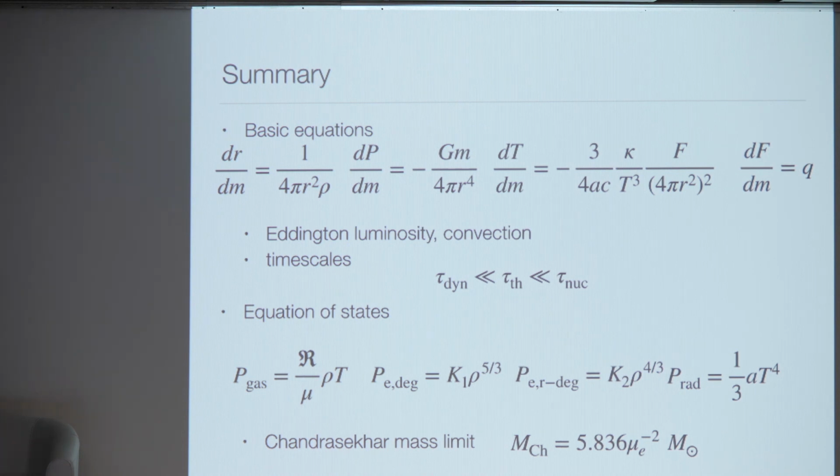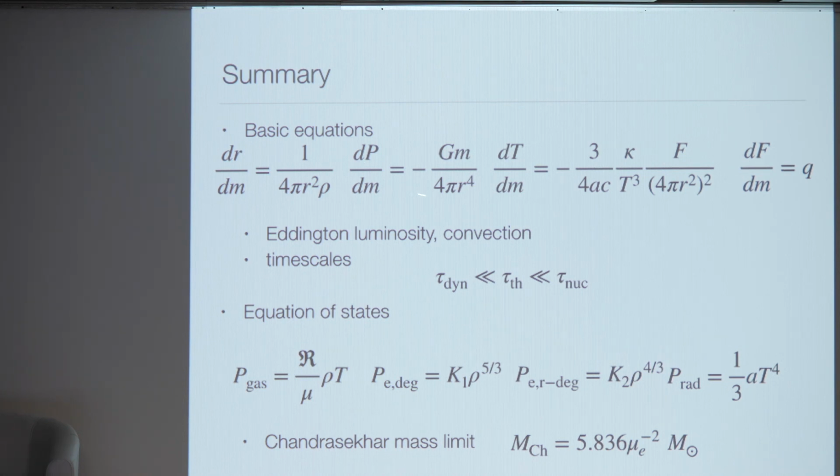and that basically determines the lifetime of the star. We also discussed the equations of state, which is basically the gas, the degenerate and relativistic degenerate case, and radiation pressure.